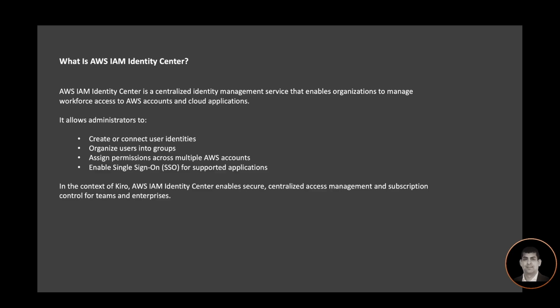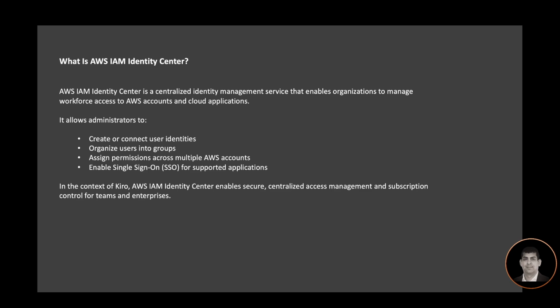Let's look at what AWS IAM Identity Center is. AWS IAM Identity Center is a centralized identity management service that enables organizations to manage workforce access to AWS accounts and cloud applications. It allows administrators to create or connect user identities, organize users into groups, assign permissions across multiple AWS accounts, and enable single sign-on for supported applications.